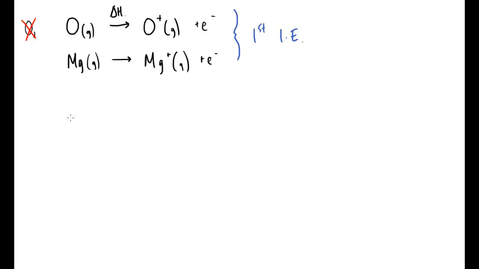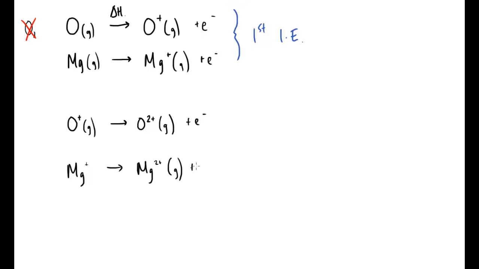So for our second ionization energy, if we were asked to write an equation to show that, it would be as follows. It would be O+(g) going to O2+(g) plus an electron. On the other hand, the magnesium would be Mg+ going to Mg2+ plus an electron.